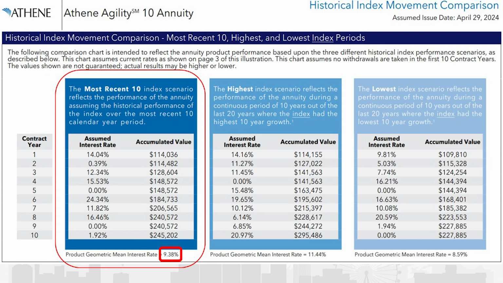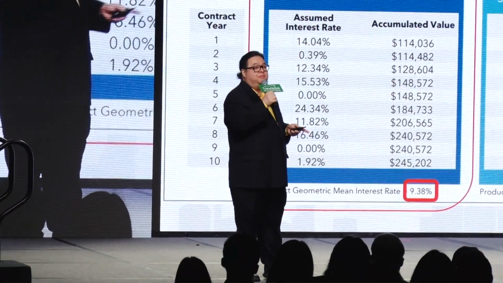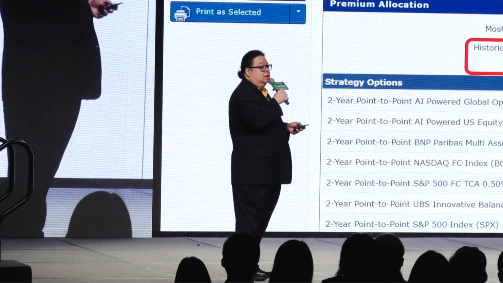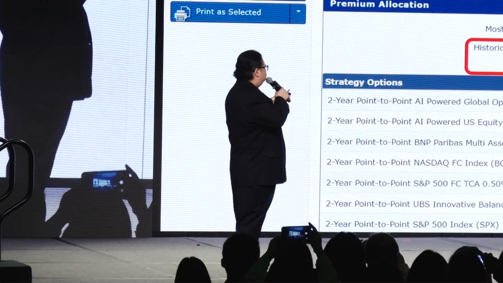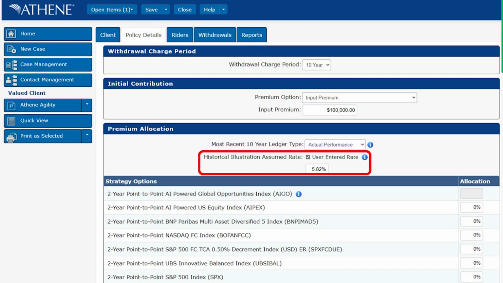When you see the Agility illustration, it doesn't give you 50% or anything. It's 100% of the actual return, and that actual return is 9.38, which is, I think, a little bit too high. So if you really want to do a fair comparison, thankfully they give you this feature to do the historical illustration assumed rate.